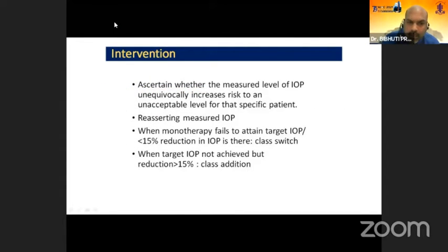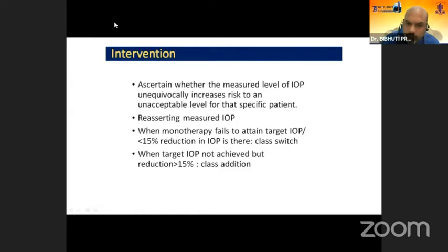Now, what can we do? Ascertain whether the measured level of IOP unequivocally increases risk to an unacceptable level for that patient. We have to reassure ourselves that the IOP measured is the correct one.